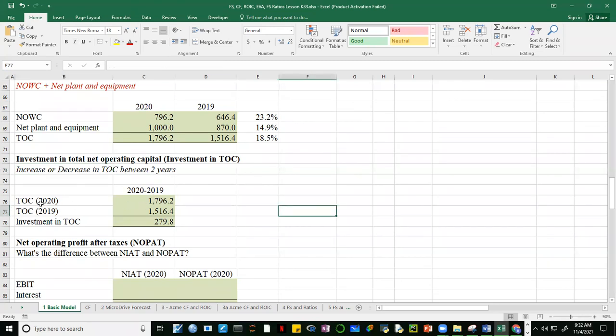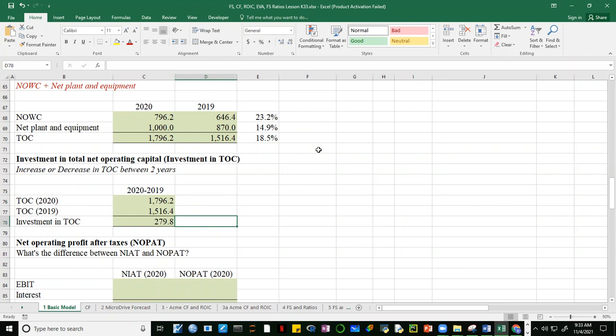So for 2020, the TOC is 1796. For 2019, it's 1516. Therefore, the company invested in operating capital 279 million or 280 million. So again, this sends a strong signal that the company foresees a rosier climate ahead.